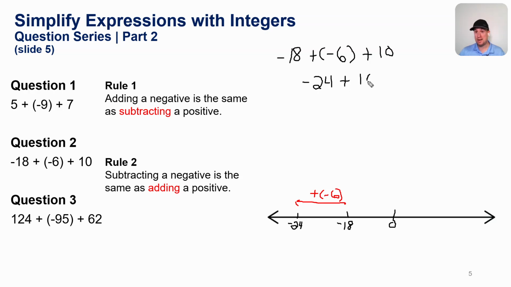Okay, so now I'm at negative 24, and if I think about it in terms of money, I have negative $24, I'm in the hole, but then I add $10 back to it, so I'm increasing its value by 10. And where I end up here then is at a negative 14. Okay, so negative 24 plus 10 means I go back 10 units and I end up at negative 14.